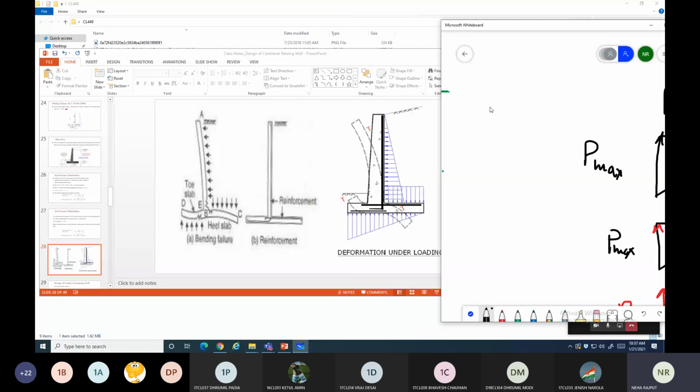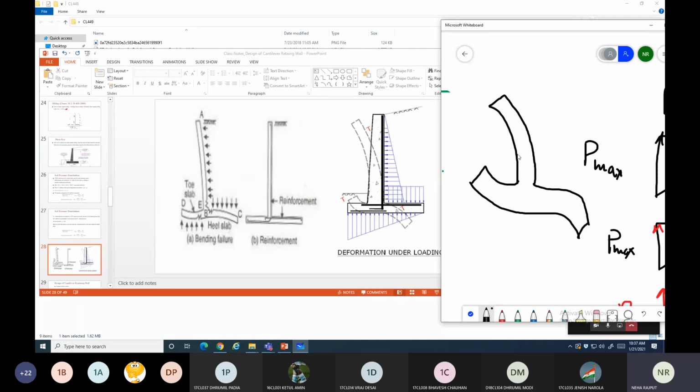So the deformation of a cantilever retaining wall is like this, where this is the stem part deformed. Then this is the deformation of the toe part, and this one is the deformation of the heel part.